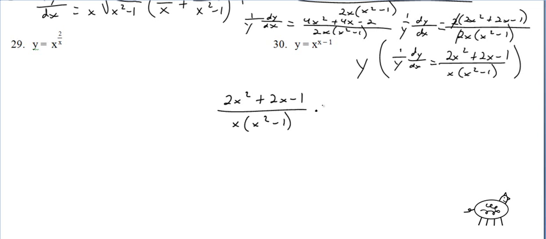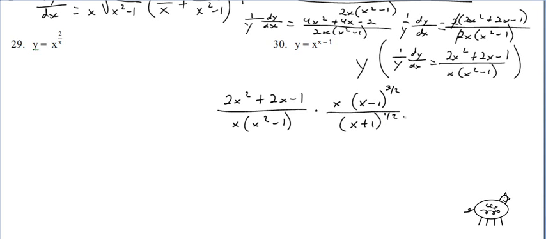And then y is equal to x times x minus 1 to the 1/2 power over x plus 1, or this is to the 3/2 power, right? X plus 1 to the 1/2 power. Okay?